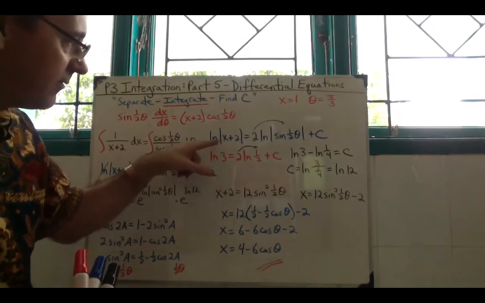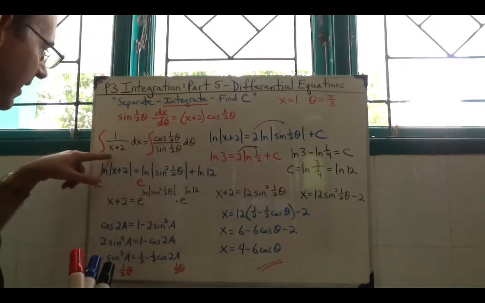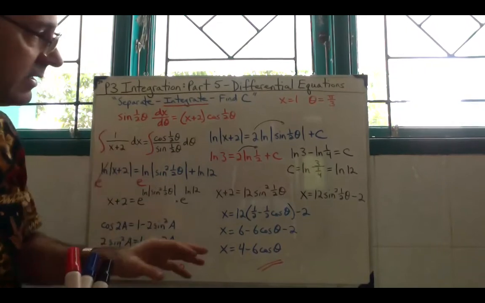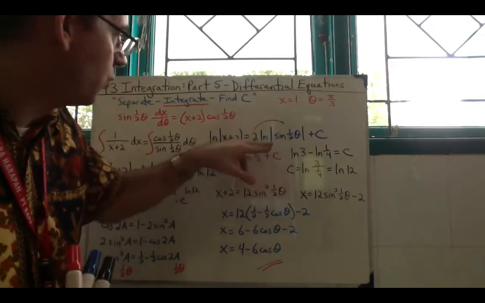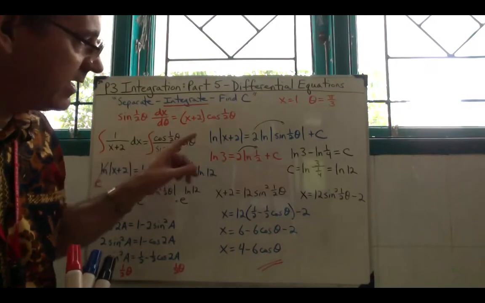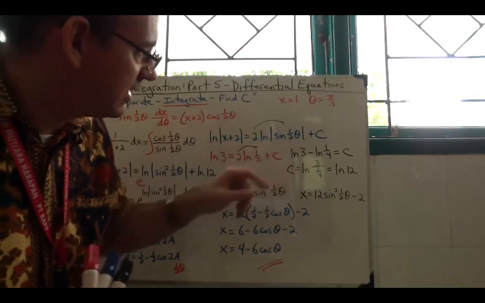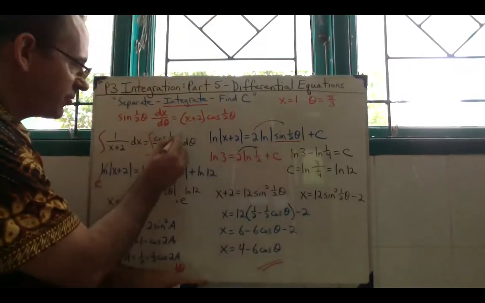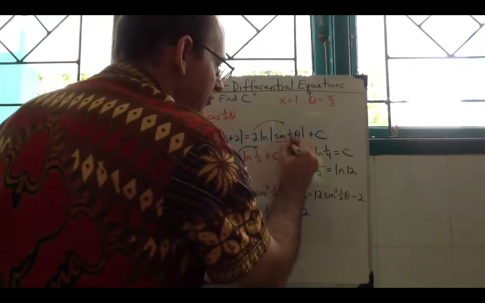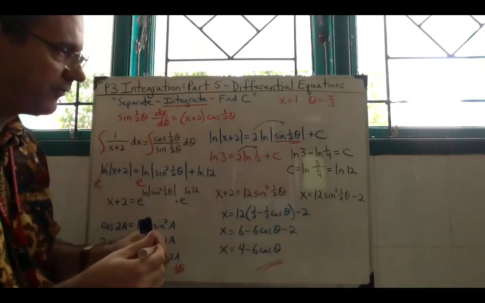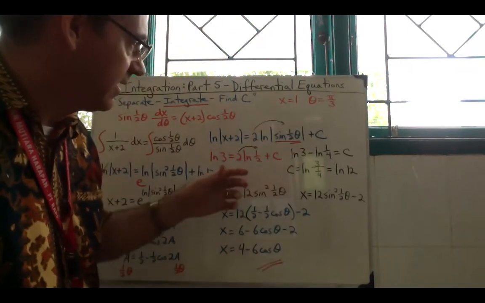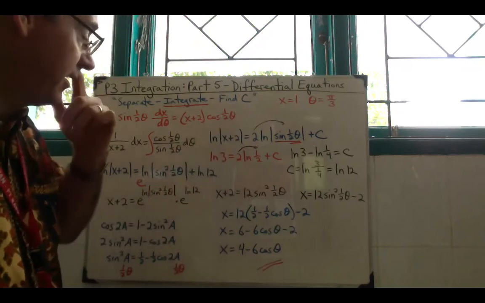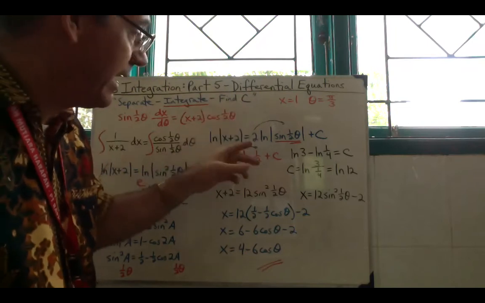The derivative of ln of x plus 2 is 1 over x plus 2. The derivative of the argument is just 1, so that one's fine. The derivative of ln of this is 1 over sine half theta times the derivative of the inside. Notice you have the trig function, which is your cosine half theta, but you also have the argument of the trig function, so you're going to multiply by 1/2.